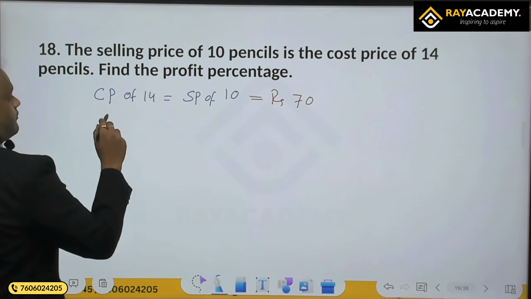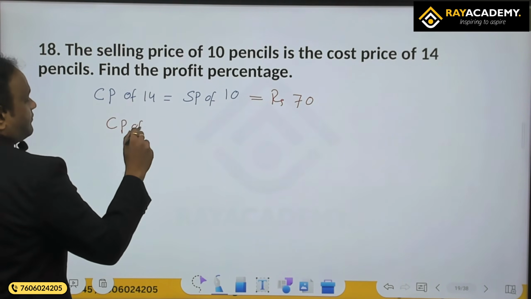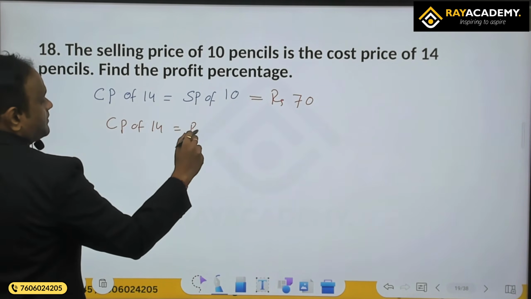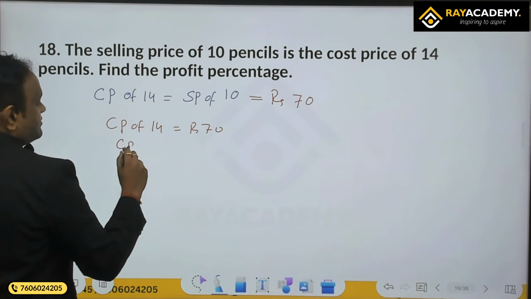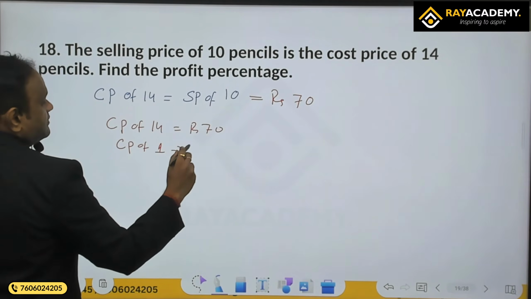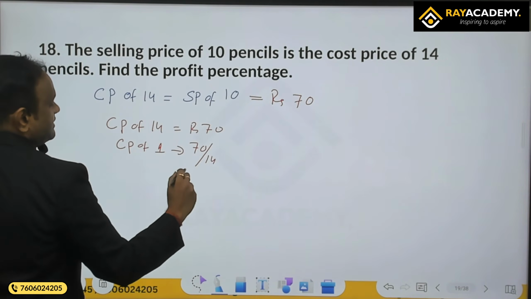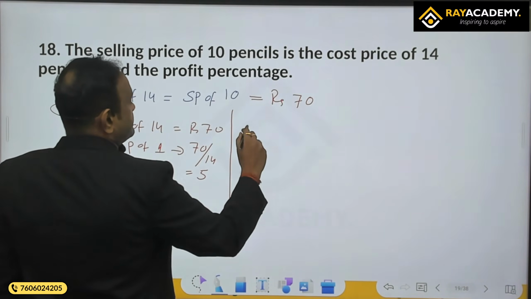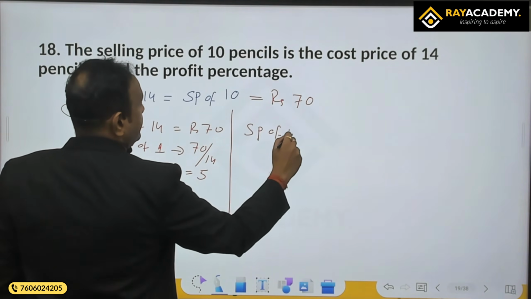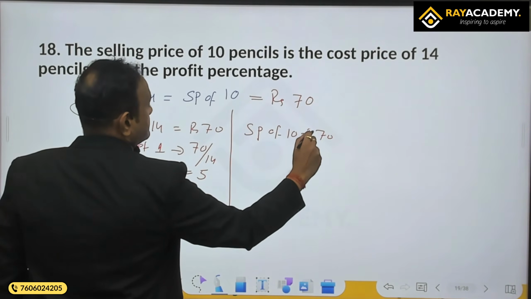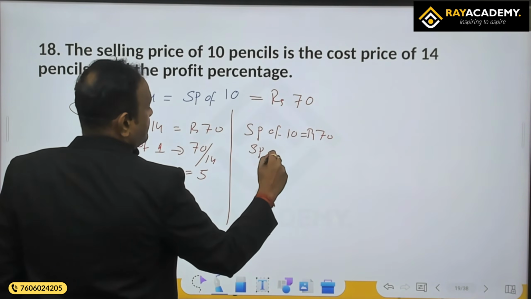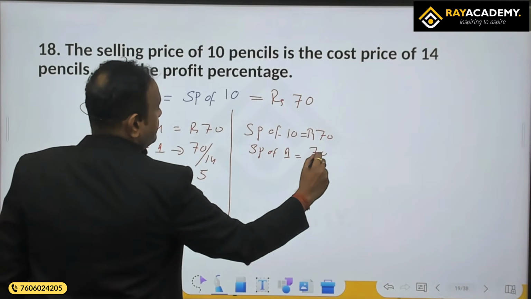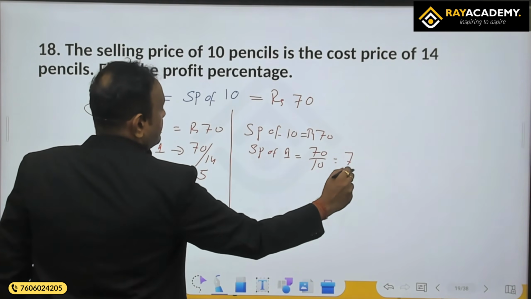So cost price of 14 equals 70 rupees. Cost price of 1 will be 70 by 14, that is 5 rupees. Similarly, selling price of 10 equals 70 rupees. Selling price of 1 will be 70 by 10, that is 7 rupees.